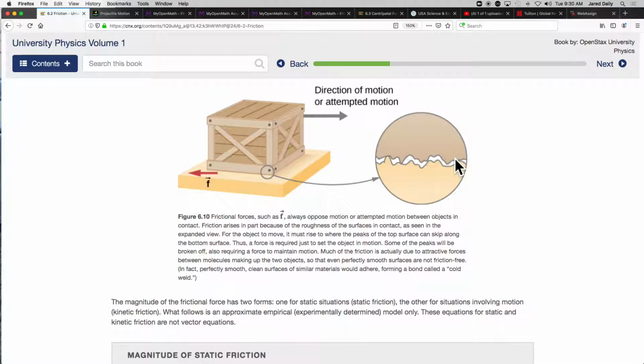And the reason for that is because once you've got these mountains rolling past each other and breaking through each other, it's easier to keep it going. It has its own kind of impetus, you know, the inertia of it, and also the momentum of it just help it to keep going, so that the friction actually resists less, right? So that's why we treat them differently, because they are quite different.